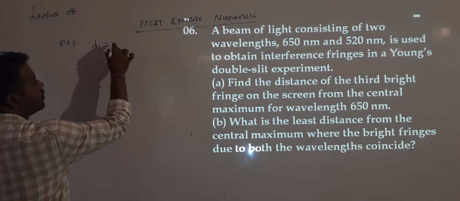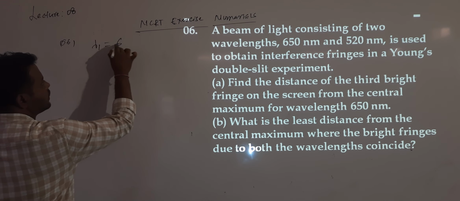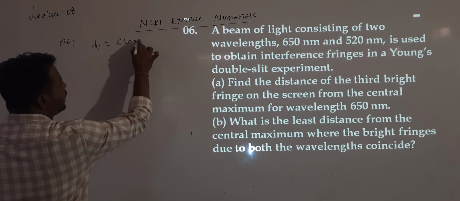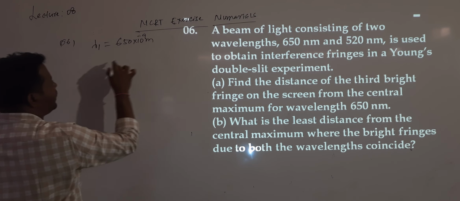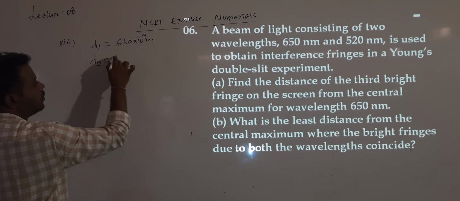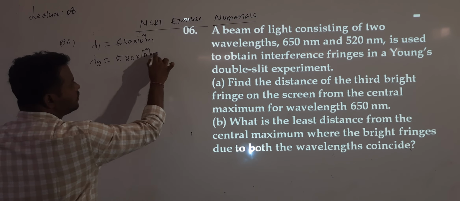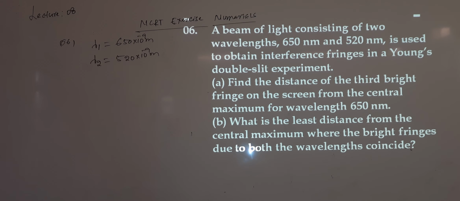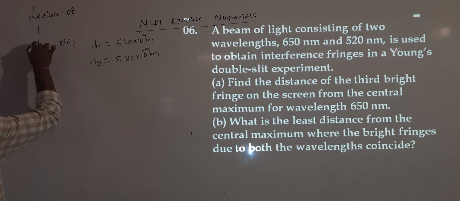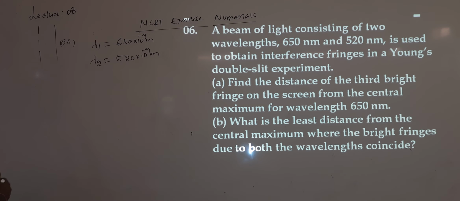Lambda 1 is 650 nanometers, 650 into 10 power minus 9 meters, and lambda 2 is 520 into 10 power minus 9 meters. Here is the screen. They are using two lights, one of wavelength lambda 1 and the second of wavelength lambda 2.